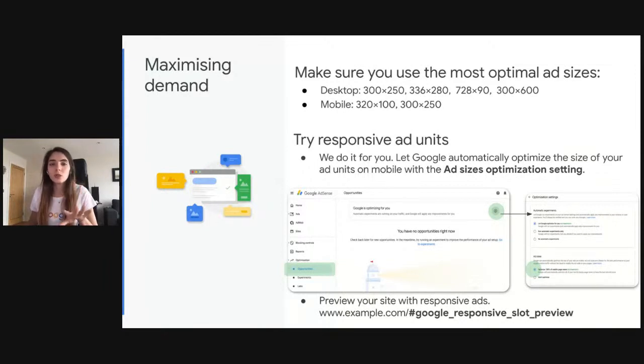Without you having to do anything further, Google will turn your existing ad units into responsive ad units on mobile. If you're unsure, you can also preview this beforehand by going to your website and introducing this snippet, #google_responsive_slot_preview.